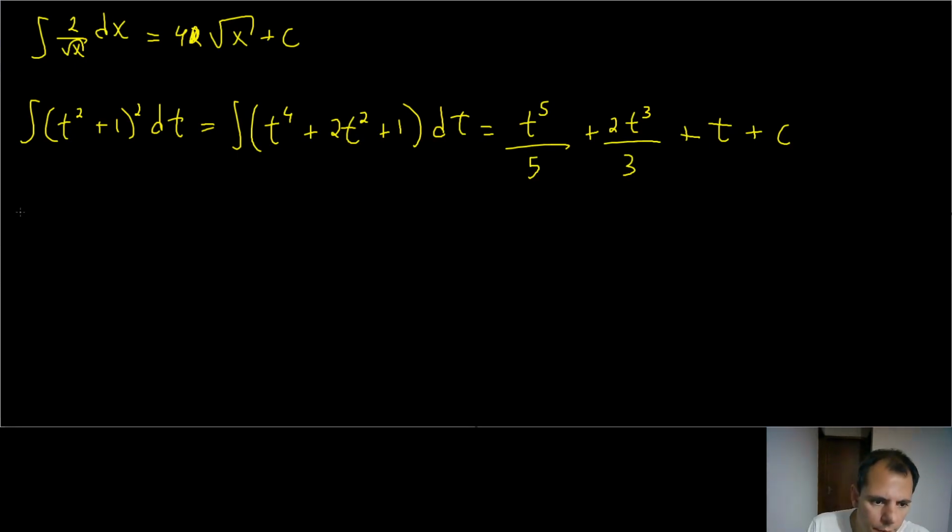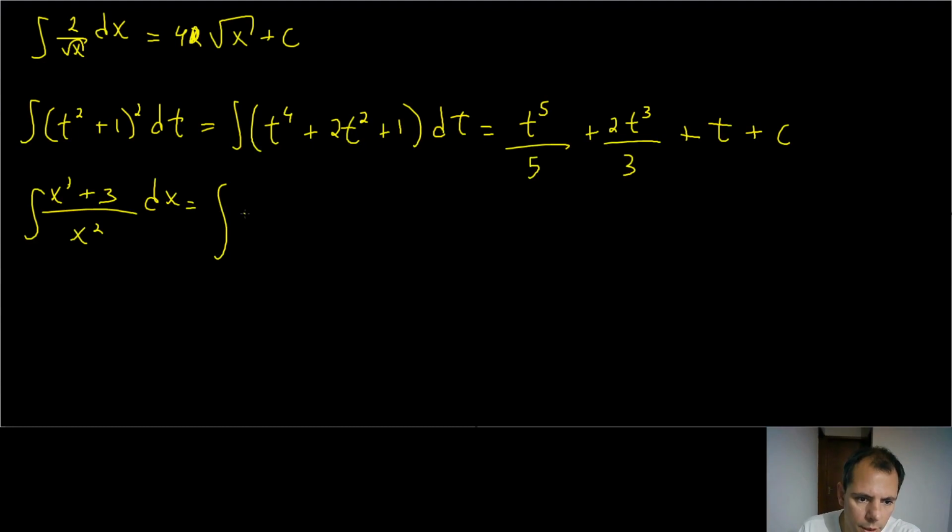Now let's see here. The integral of (x cubed plus 3) divided by x squared dx. So this is going to be equal to the integral of x cubed divided by x squared, which is x, plus 3x to the minus 2 dx.